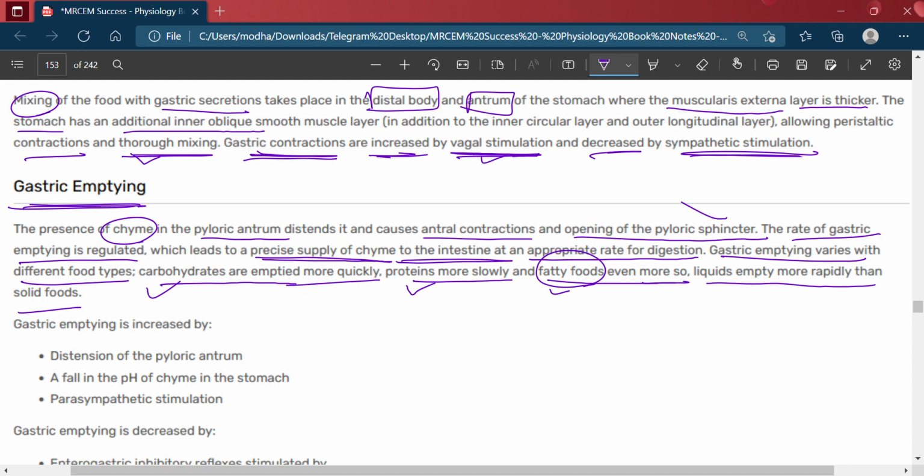Gastric emptying is increased by distension of the pyloric antrum, a fall in the pH of chyme in the stomach, and parasympathetic stimulation.